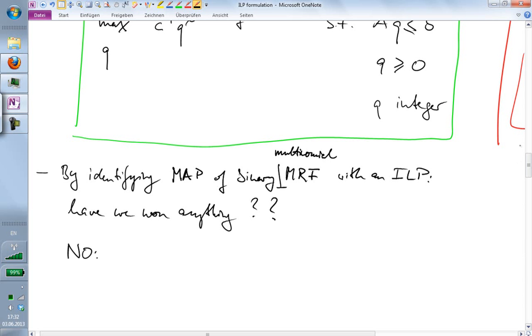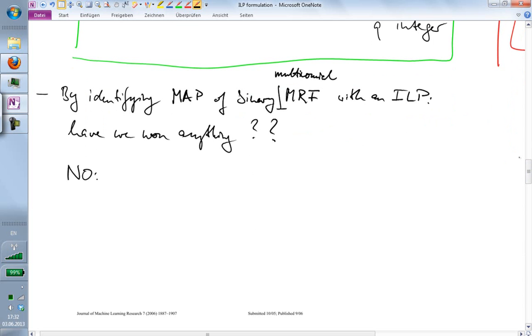So no, because solving an ILP is NP hard in general. And incidentally, many hard problems can be expressed as integer linear programs.